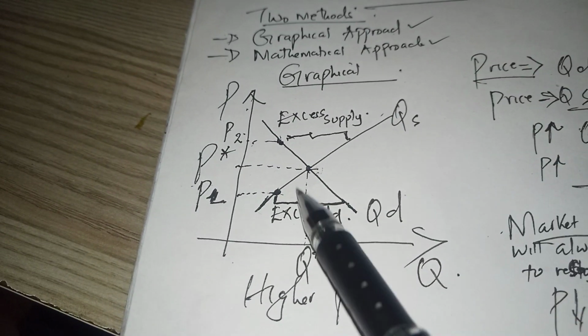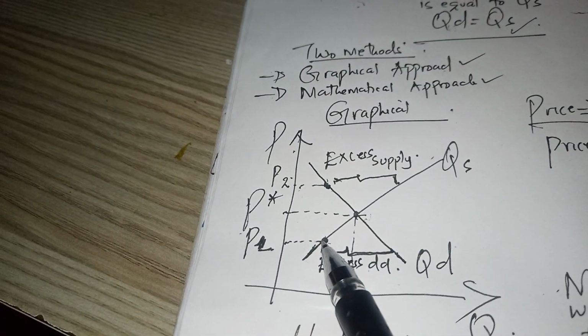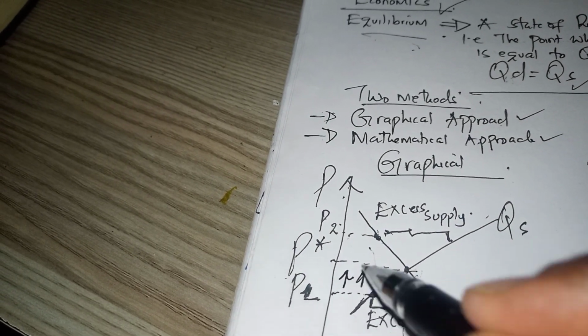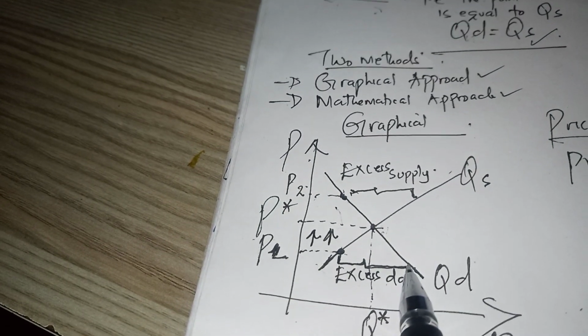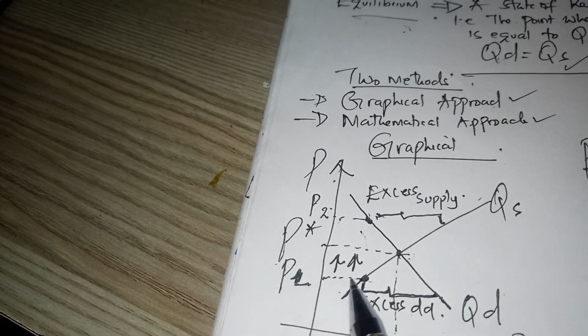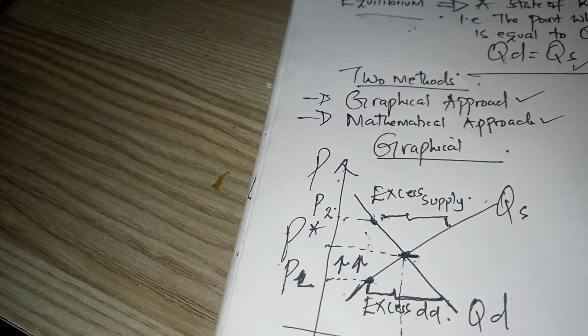So the market forces will push these prices up, because consumers are willing and able to buy. They have money, but they are chasing too few goods. So the prices for the few goods which are available will go up and will be back at the equilibrium point.